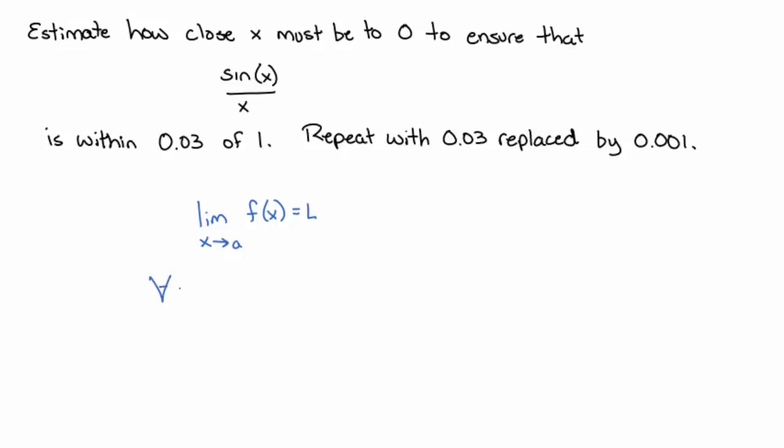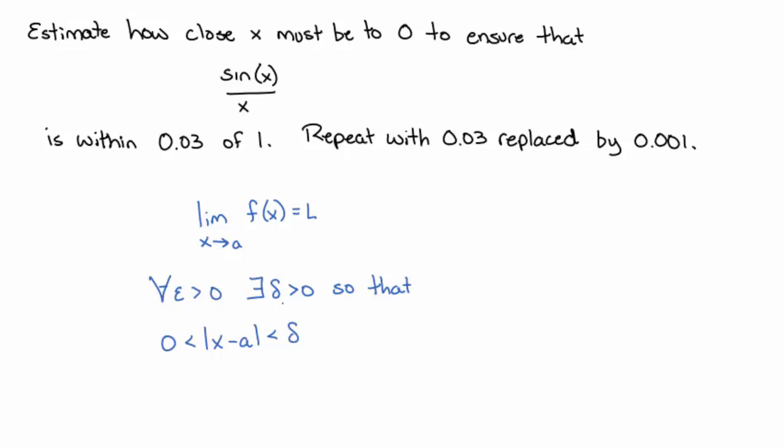For any epsilon that somebody hands me that's positive, we should be able to find a delta also positive so that we know that whenever x is really close to a, how close? Within this delta neighborhood. So that 0 being less than the absolute value of x minus a being less than delta, that is, x is really close to a, again, within a delta neighborhood of a.